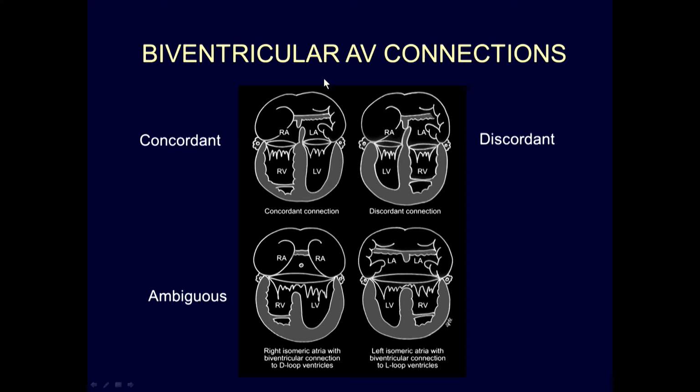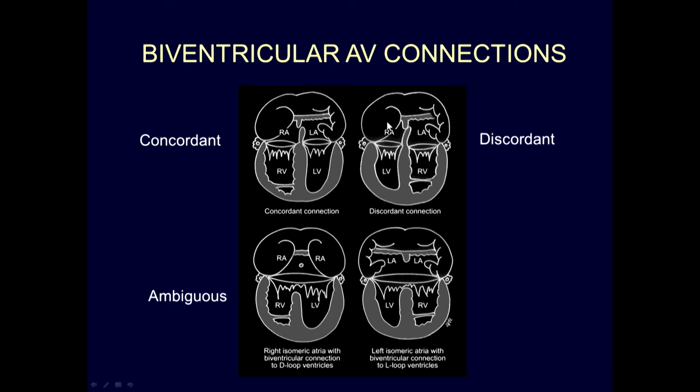And the modes of biventricular AV connections are as follows: concordant, morphologically RA to RV and morphologically LA to LV. But in this case, RA is committed to the morphologic LV and LA to the morphologic RV.